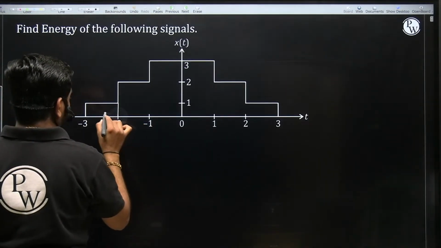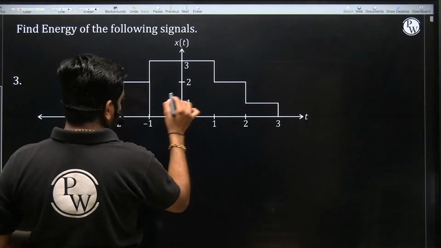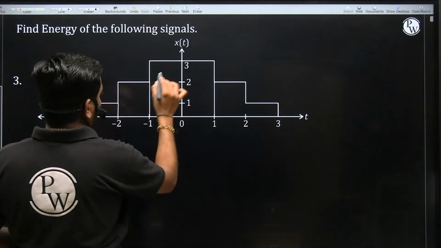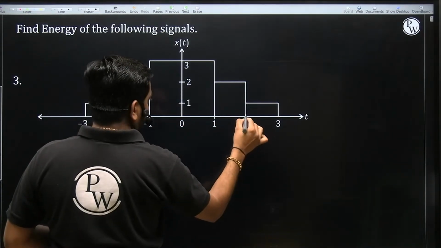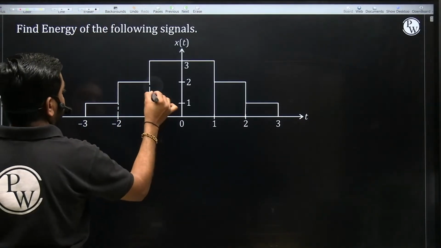So you can take this rectangle function, this rectangle function, this rectangle function, this complete rectangle function, and this rectangle function. Okay, so you can choose these 5 signals.